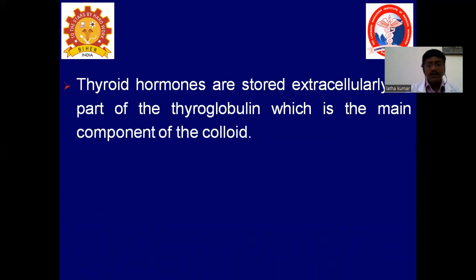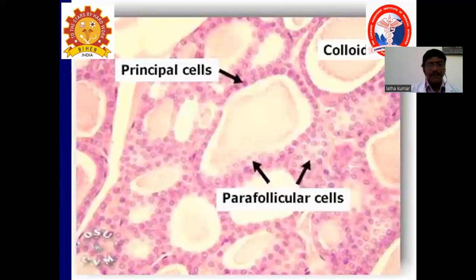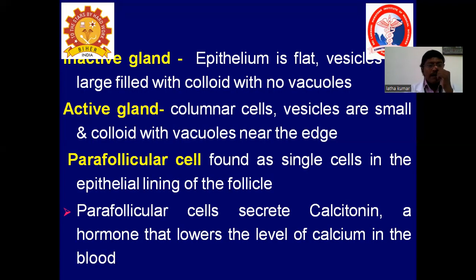Thyroid hormones are stored extracellularly, as part of the thyroglobulin, which is the main component of the colloid. And this picture shows the colloid, and in between the follicle cells, parafollicular cells, and major follicle cells with the principal cells.